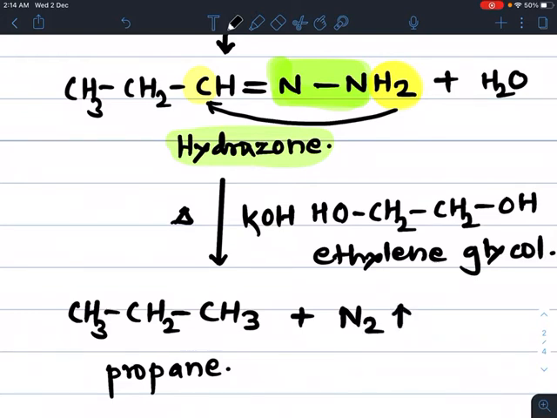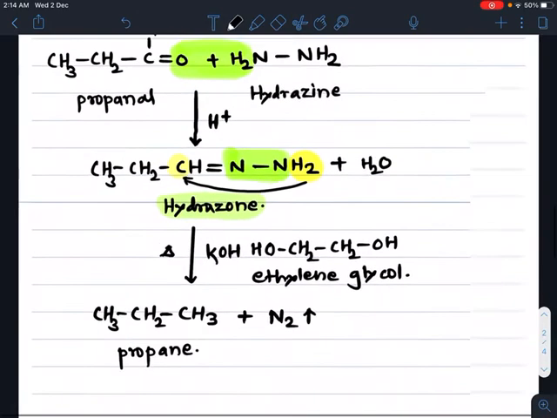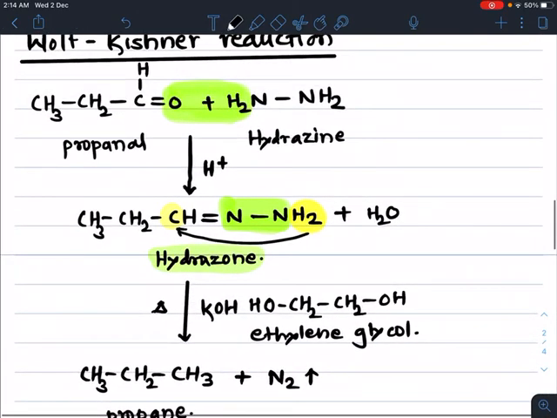So this is a Wolff-Kishner reduction. Wolff-Kishner reduction takes place in 2 steps.